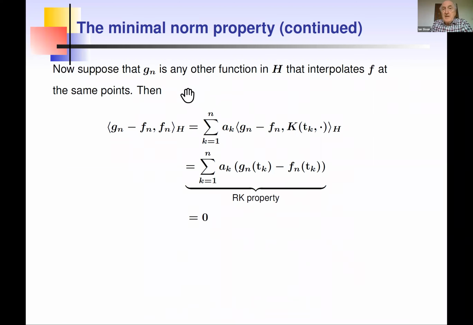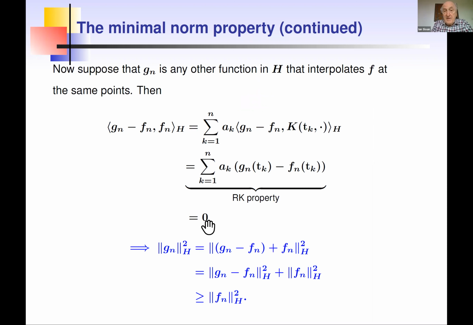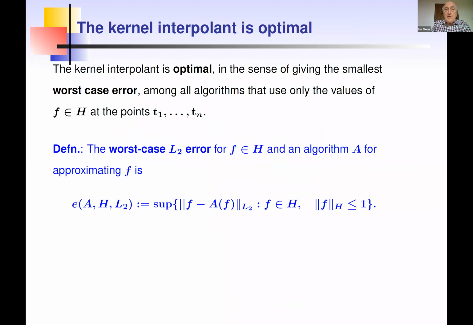Now suppose g_n is any other function in H that interpolates f at the same points. Then g_n minus f_n inner product with f_n is the same argument: it's 0, since they interpolate at the same points. That gives us Pythagoras theorem, and that gives us that the norm of g_n is greater than that of f_n. So the minimal norm property.